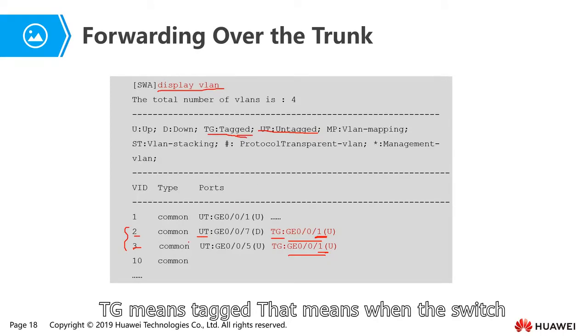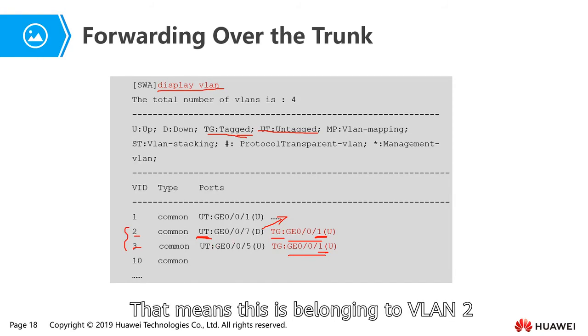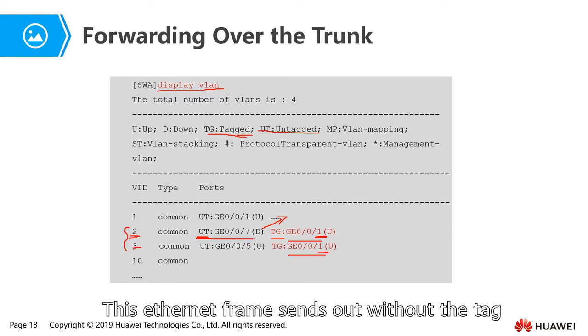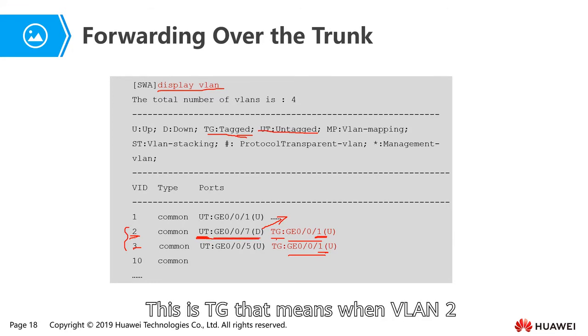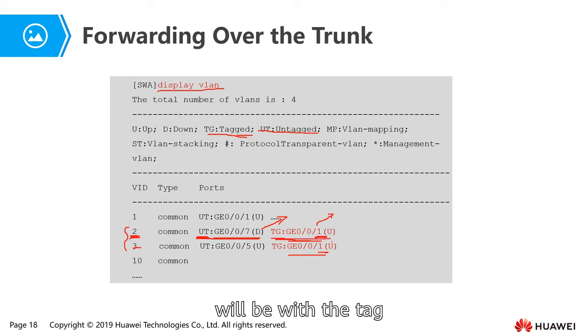That means when the switch sends out frames on this interface, UT means untagged. That means if the frame belongs to VLAN 2, then this Ethernet frame is sent out without the tag. And TG means when a VLAN 2 Ethernet frame is sent out of this interface, it will carry the tag.